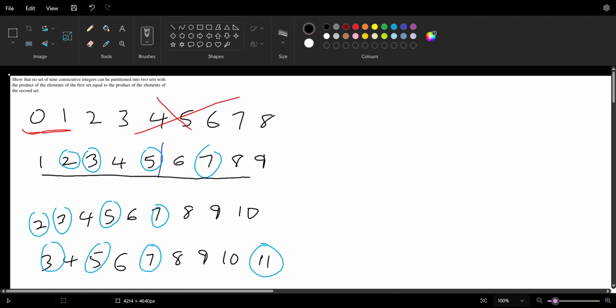But in the case of 5 and 7, if there's a 5 on the left and a 7 on the left, there is no other 5 or 7 on the right, so you cannot balance. There's no way the products can be equal. So now we know for sure that this second set cannot be partitioned into two parts where the products are equal to each other.